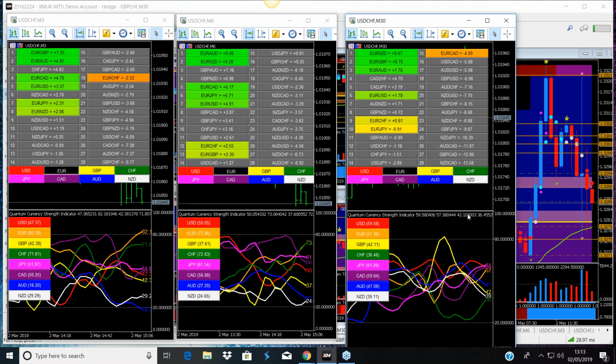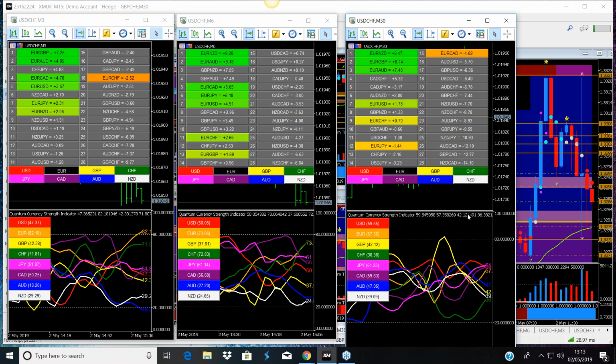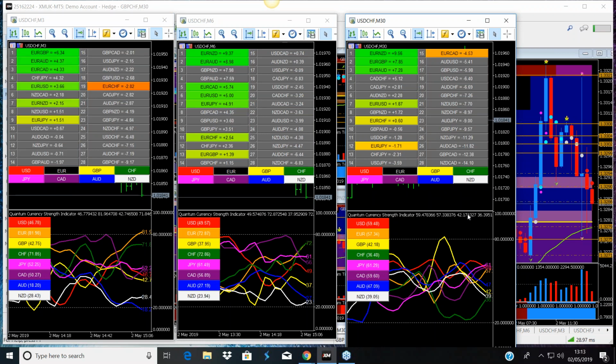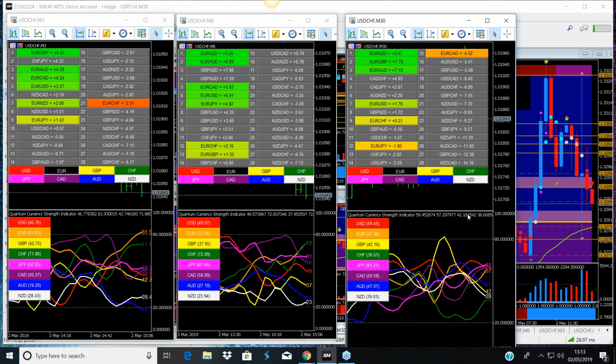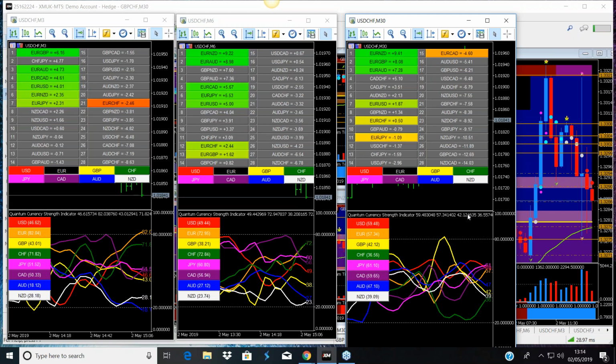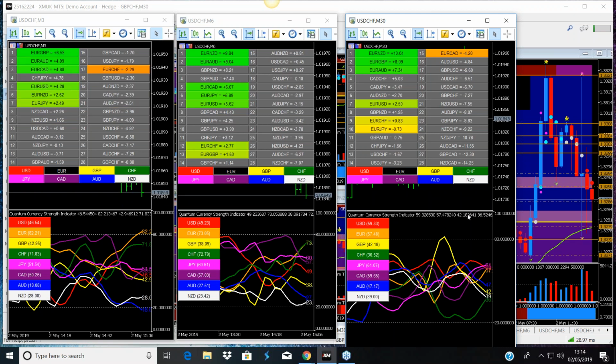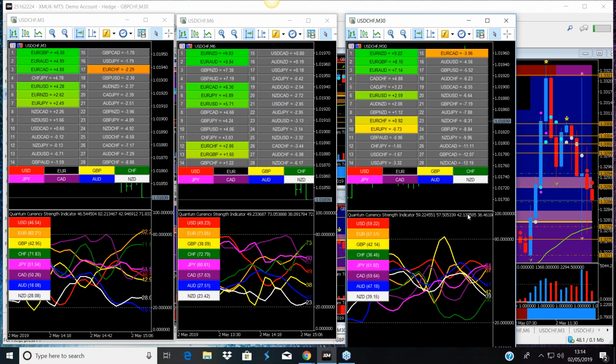Not only does it give you a view of which pairs are presenting the best opportunities, in other words, which ones are trending most strongly, because that will be reflected in the ranking ladder where they sit in terms of either at the extremes or in the mid-table. But in addition to that, what the matrix also reveals is this aspect of universal sentiment.